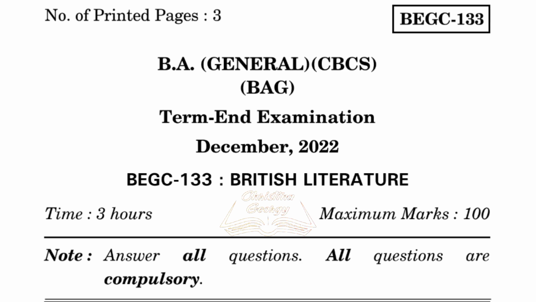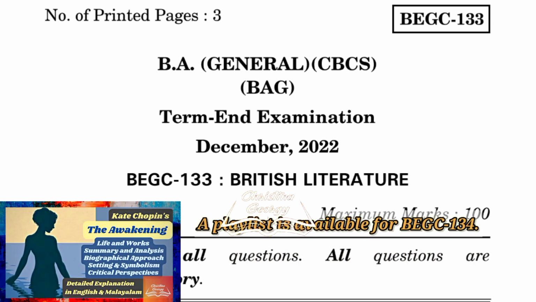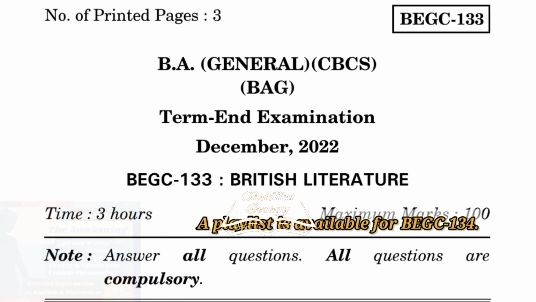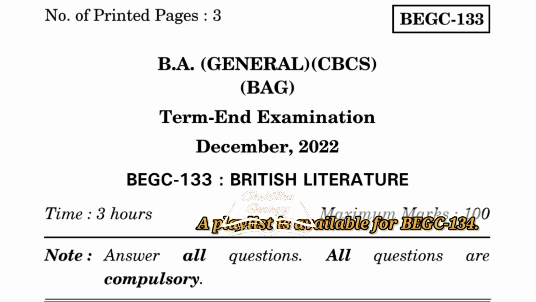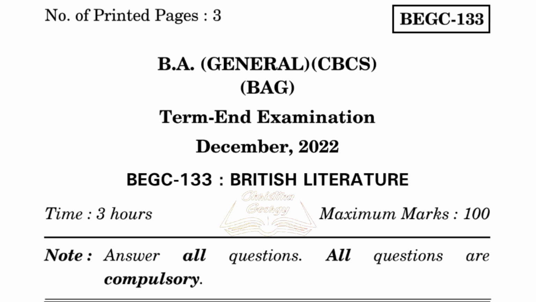In the sense, the course title and the content is very much the same, but they have a different course code from yours. I'm referring to the course BEGC-134. So under such circumstances, there are chances of mistakes happening. So please be aware of the situation and check whether you have received the correct course code and course title. So that's all regarding the basics to go about before actually starting to write your answers.